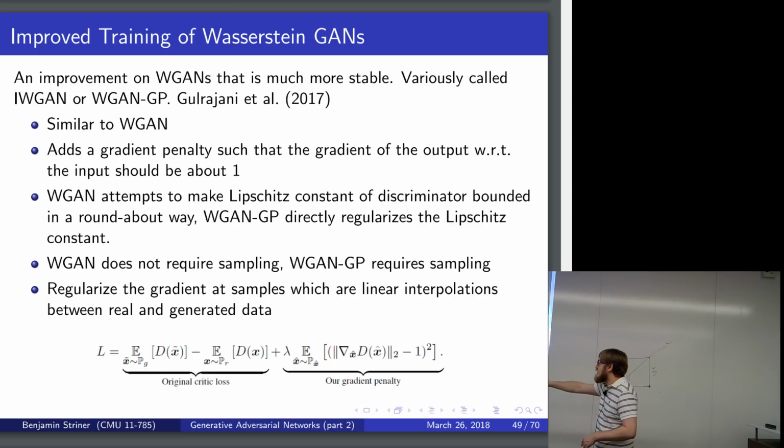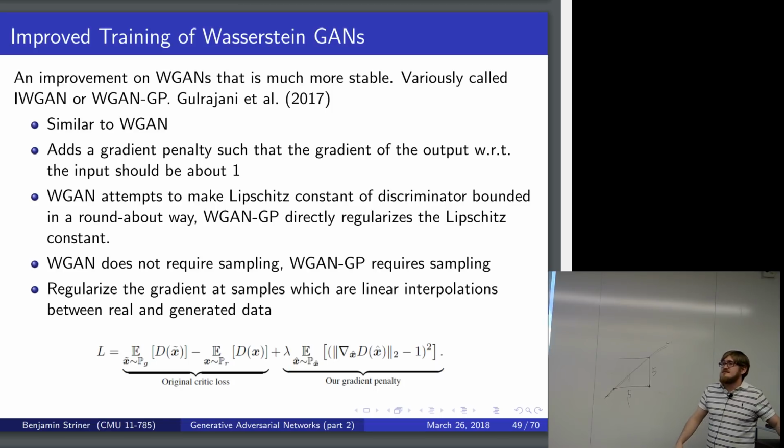One's drawn from generated, one's drawn from real. But then they have this extra term, which is just the difference between the gradient and 1. So the gradient should be about 1, and it's the squared difference from 1 that they're using as their term. If everything's 1, the regularization is 0. If it's not 1, then they have regularization loss. So it's not really guaranteeing that it's going to be 1, but it's regularizing it towards 1, and that seems to work in practice.